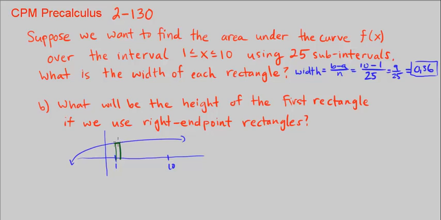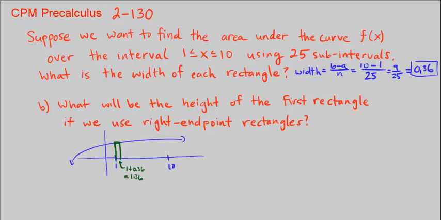So the height is up here, and this is not 1, it's going to be 1 plus the width, so 1 plus 0.36 or 1.36. That's the x value at the right side of our rectangle.